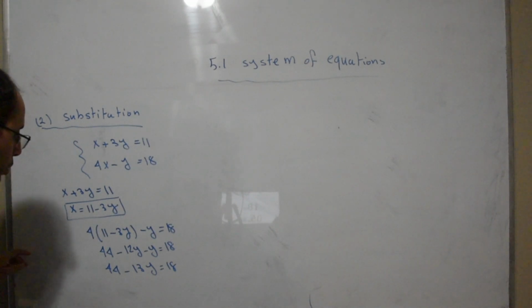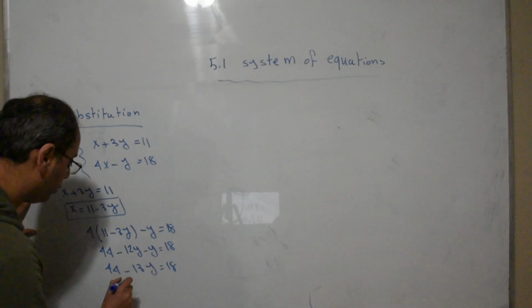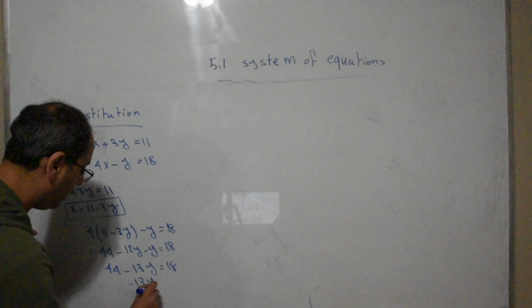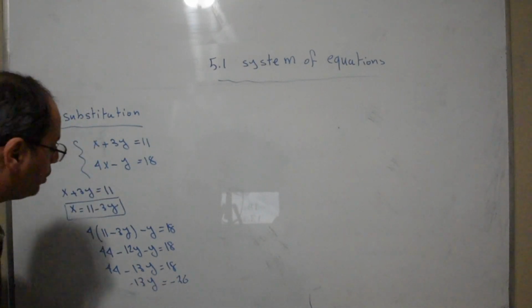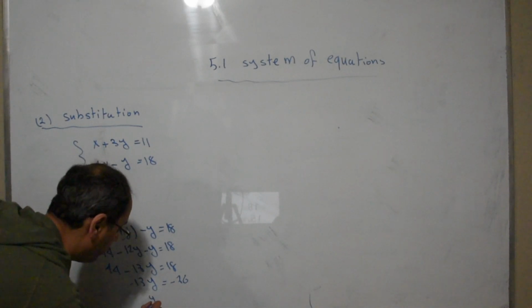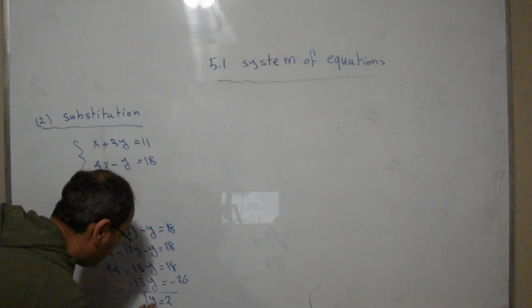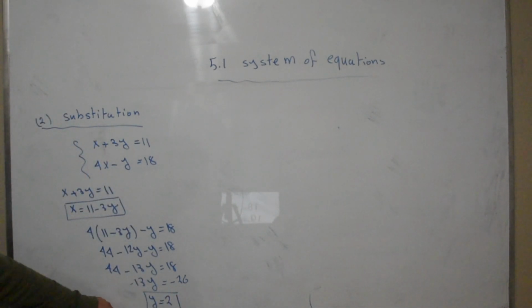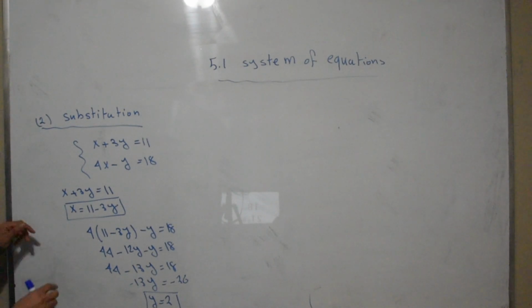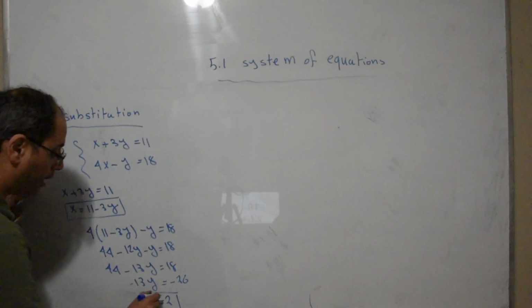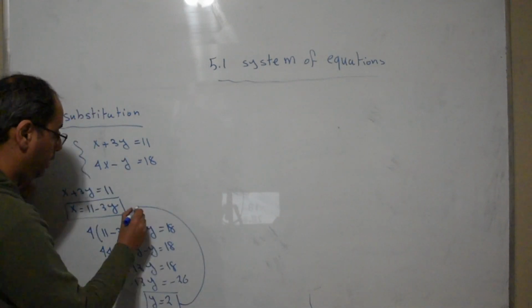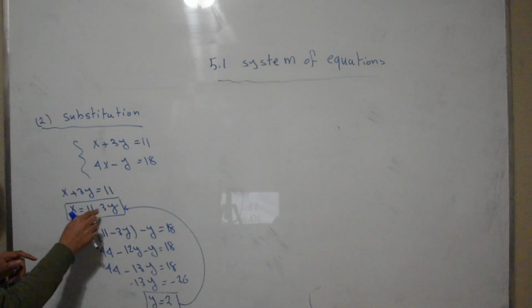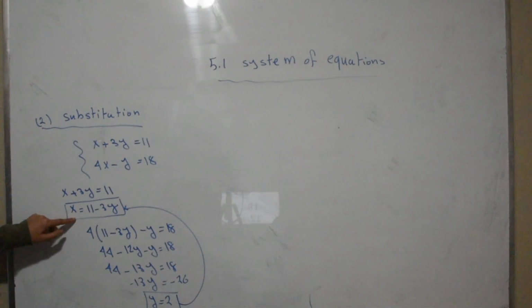Subtract 44, so I have negative 13y equals negative 26. Divide by negative 13 on both sides, so y equals 2. Now I got the value of y. We go to this one here, back substitution, as we call it, and I'm going to plug y equals 2 in and get x.